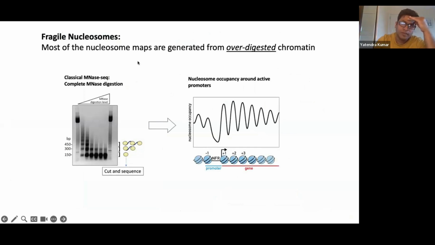Most of the nucleosome maps which are generated in the field are coming from over-digested chromatin, in the sense that most studies have used very high MNase digestion levels, to a level where the majority of the DNA of the population is mononucleosomal, and this band is then taken out of the gel and sequenced. So what's happening is that we are generating over-digested chromatin, and that is showing this profile.